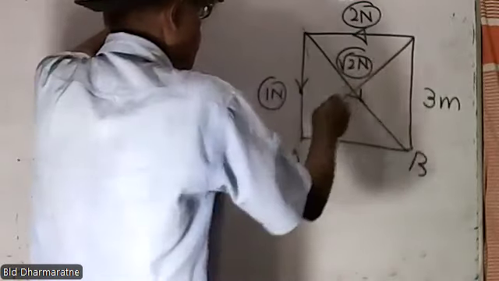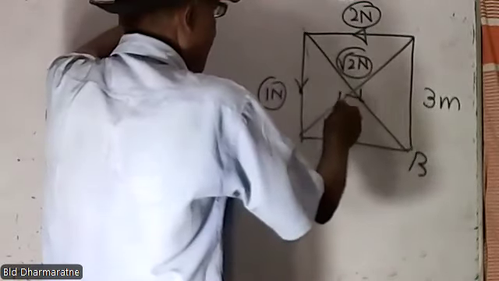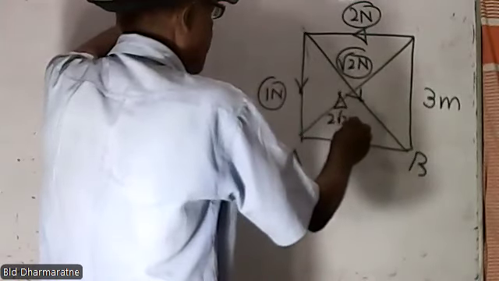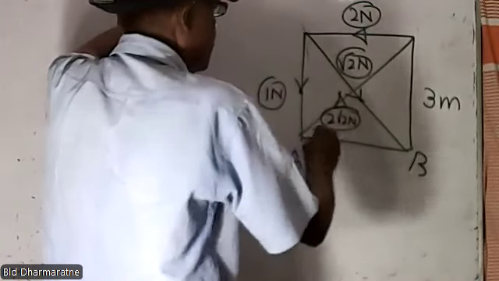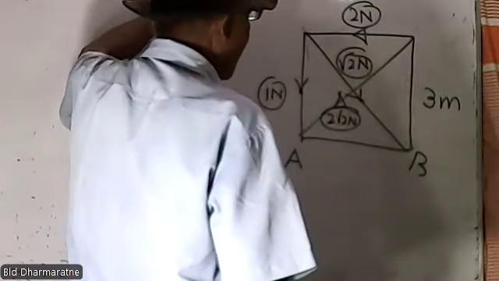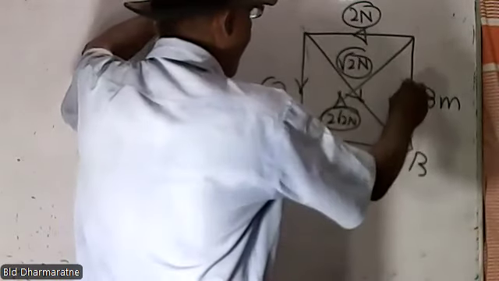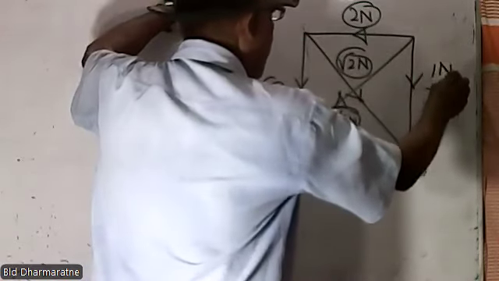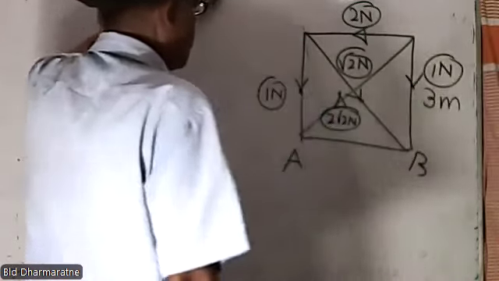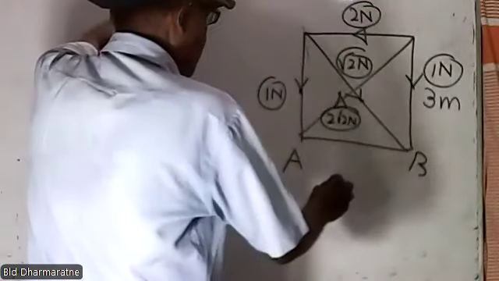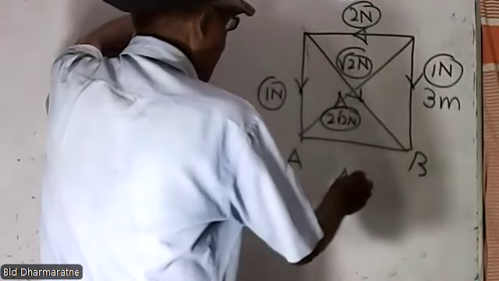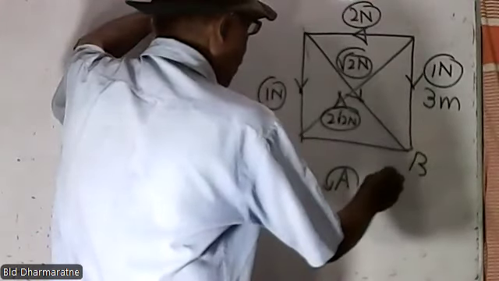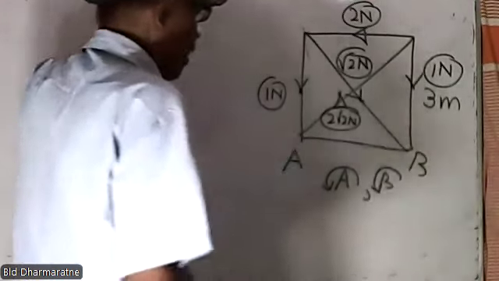Again, in this direction there is 2 root 2 Newton. In this direction, 1 Newton. Now they ask for the anticlockwise moment about point A and about point B. How to calculate this?